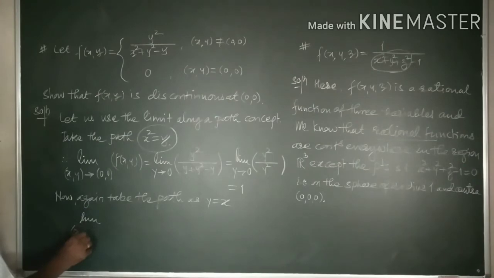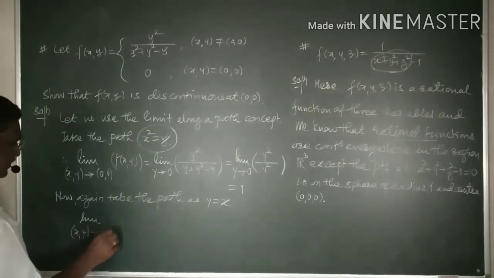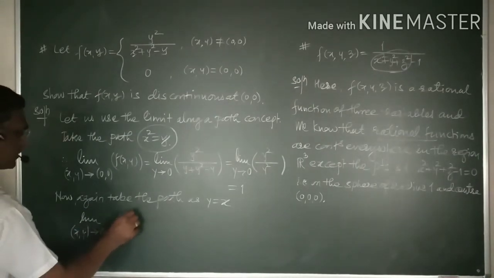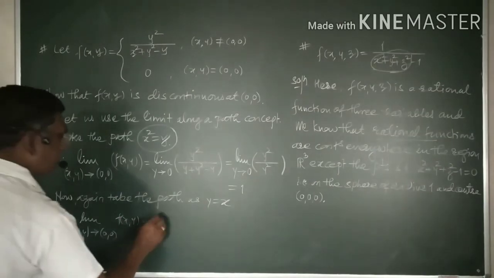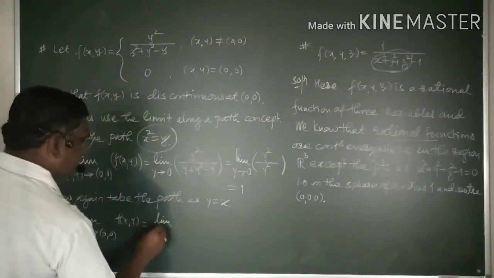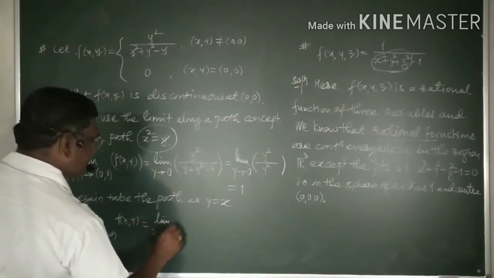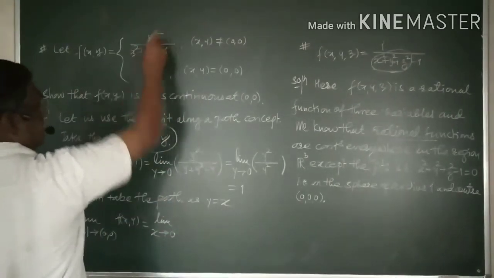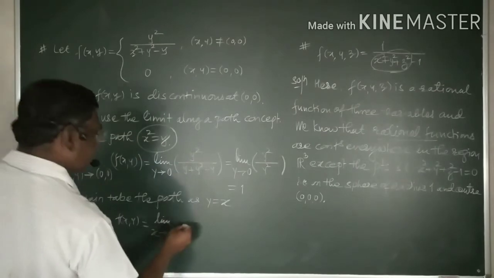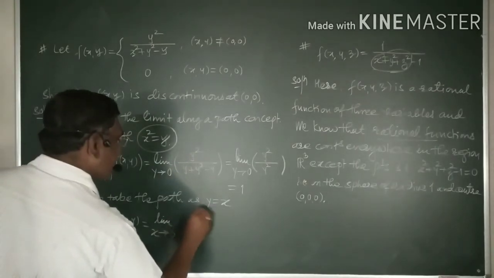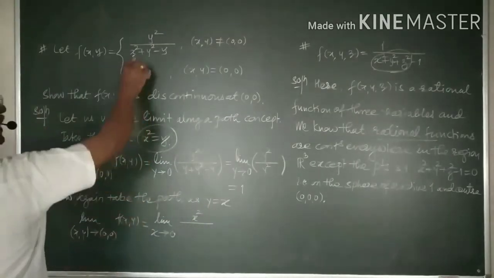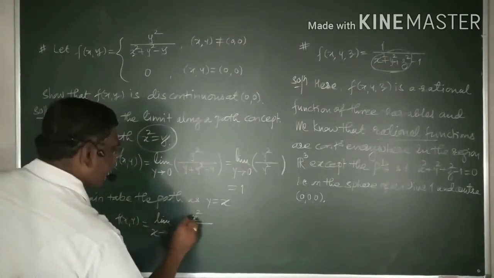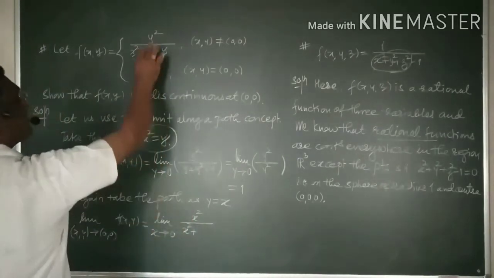Limit (x, y) tends to (0, 0) of f(x, y) is equal to limit x tends to 0 of y square, but we are considering y is equal to x, therefore x square divided by x square plus y square.